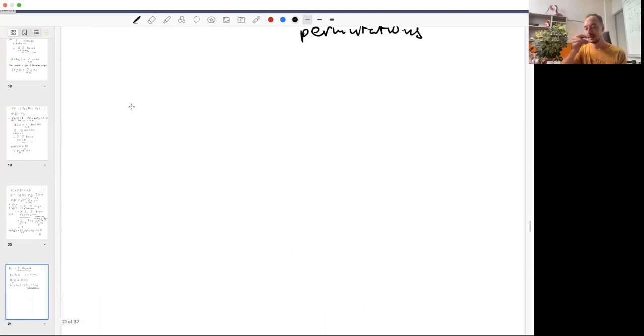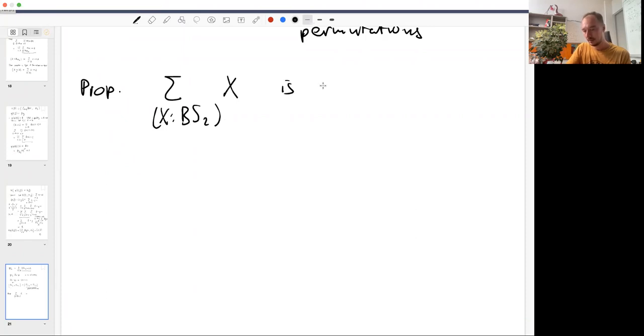But let's zoom in a bit more on BS2, because BS2 is very, very interesting. Let's first prove proposition that sigma x in BS2 x is contractible.